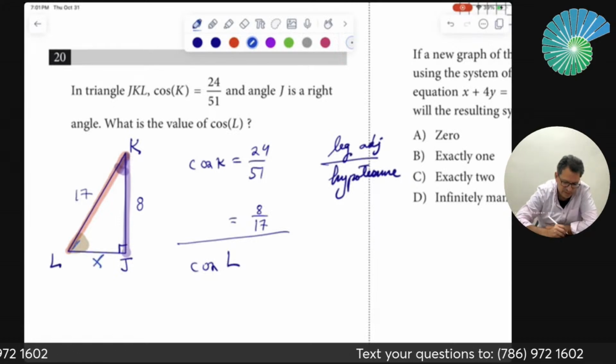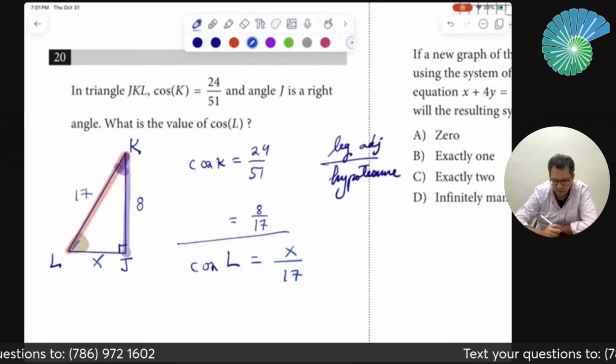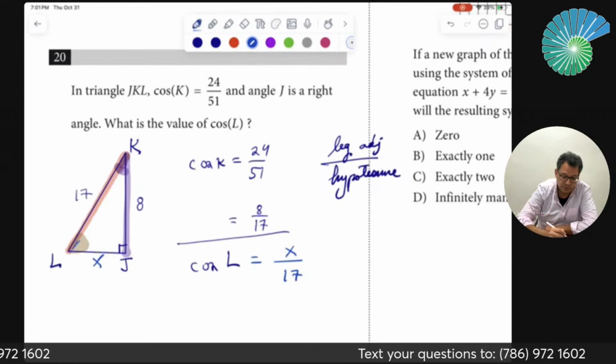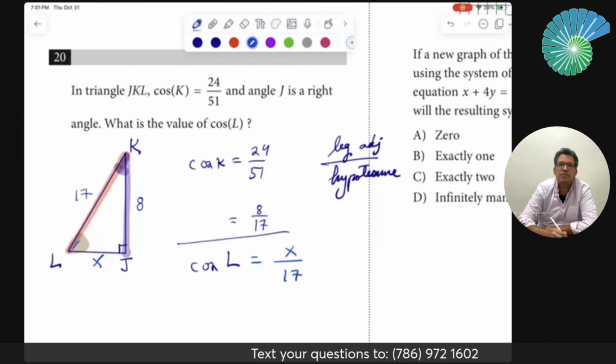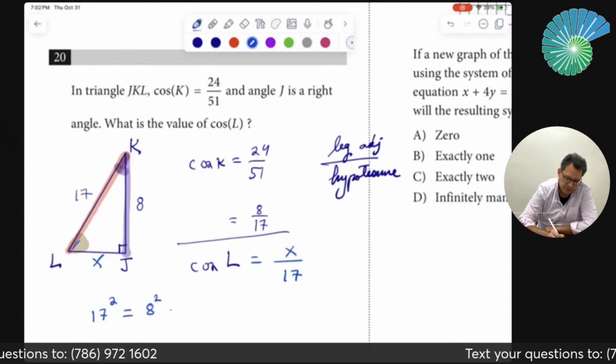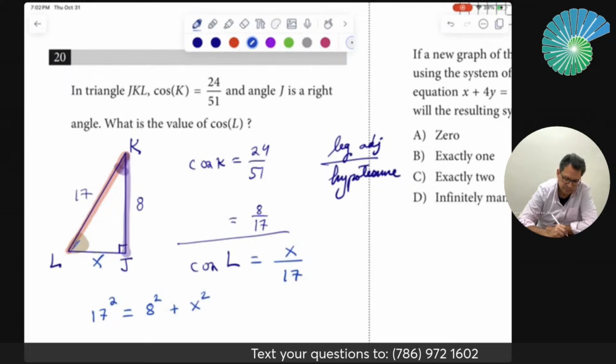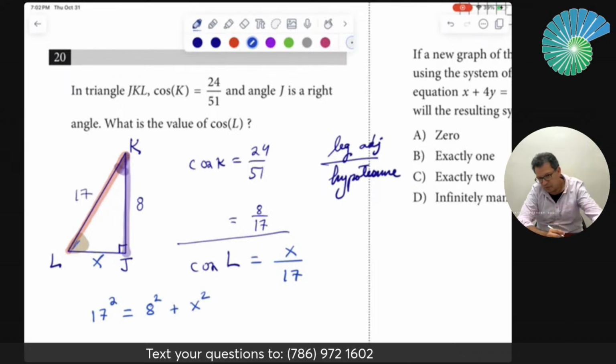So I have to find this length, because I know that the cosine of L is adjacent over hypotenuse. How can I find it? Well, I simply use Pythagoras, which says the hypotenuse squared is equal to the sum of the squares of the legs. And then I have to solve that equation.